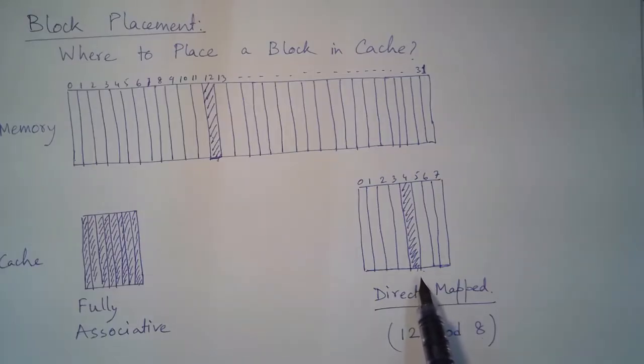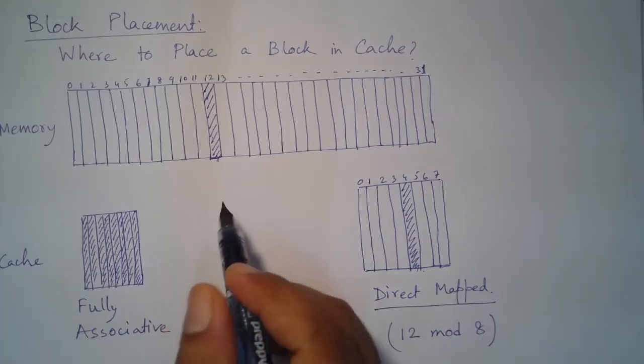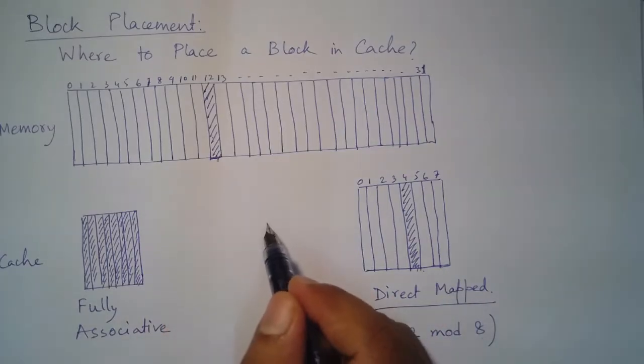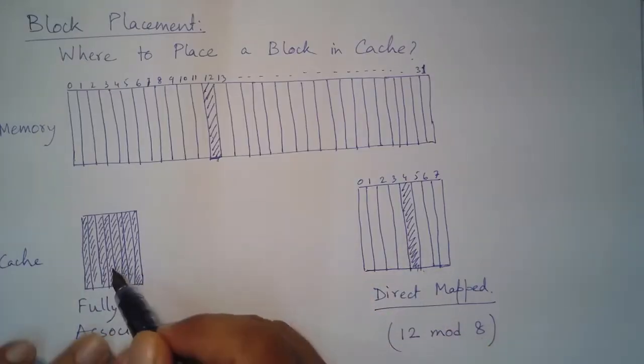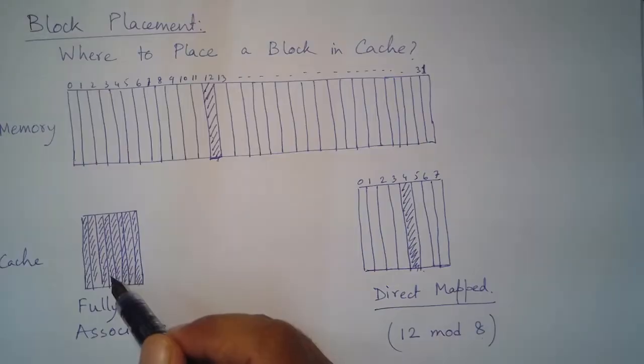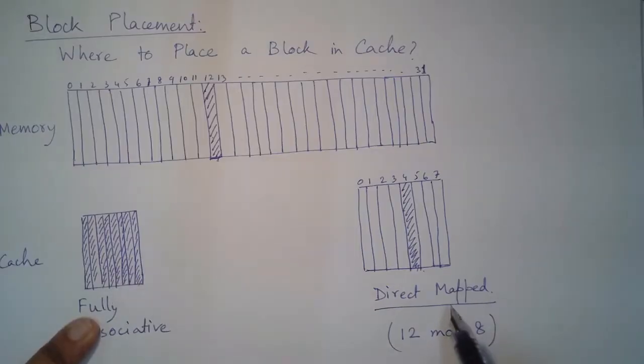So is there an intermediate solution, or is there anything intermediate which we can think of? The intermediate thing which we can come up with is something in between. So you do not have full associativity, but you also do not have direct map.